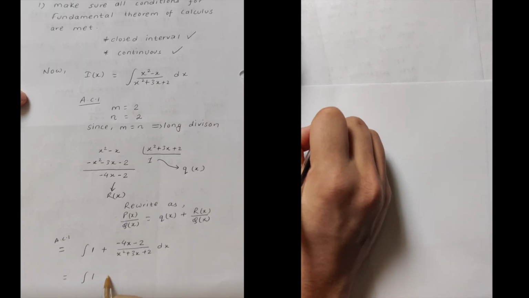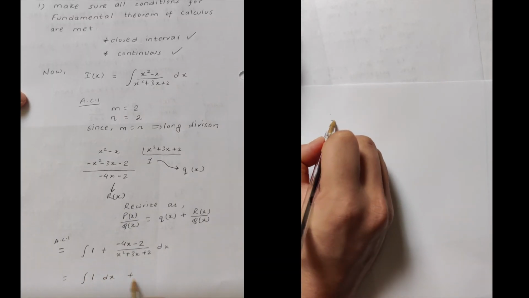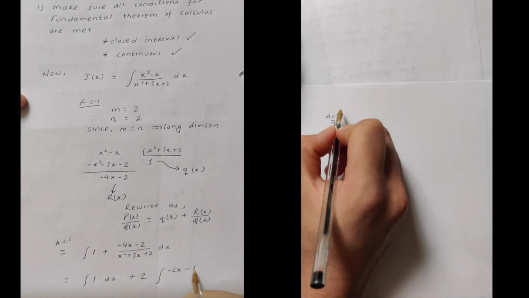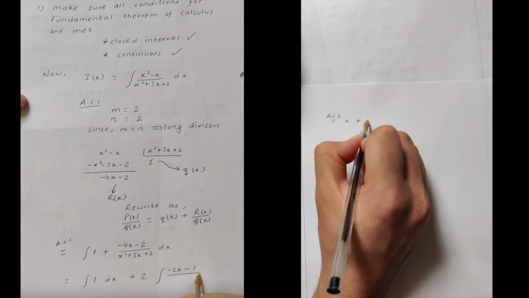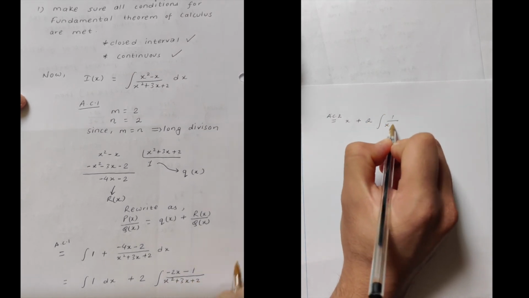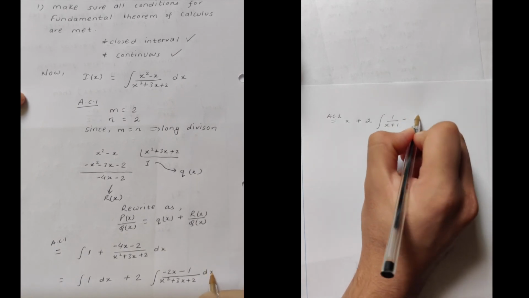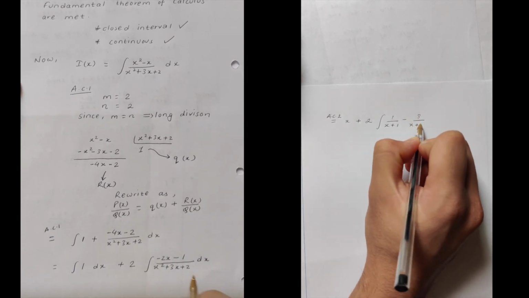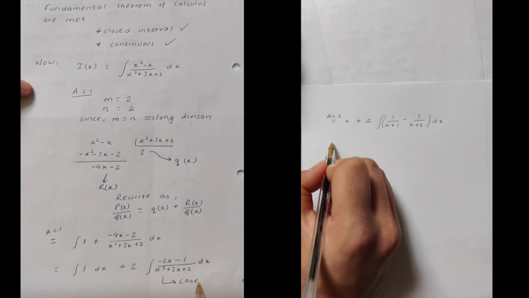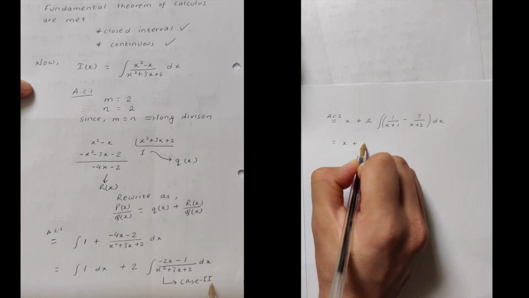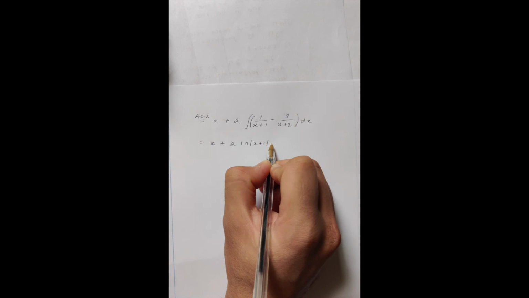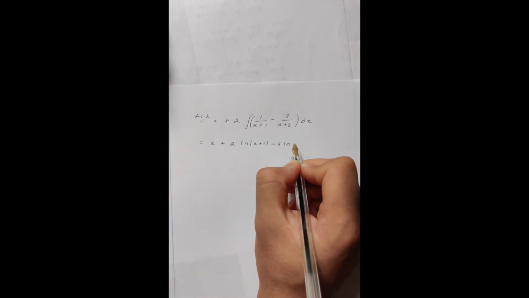Replacing these constants into the partial fractions and then into the last equation that we have here on the left, we can rewrite the integral as this. The integral of 1 will be x plus 2 times the integral of, and now we replace the division by the partial fractions, 1 over x plus 1 minus 3 over x plus 2.